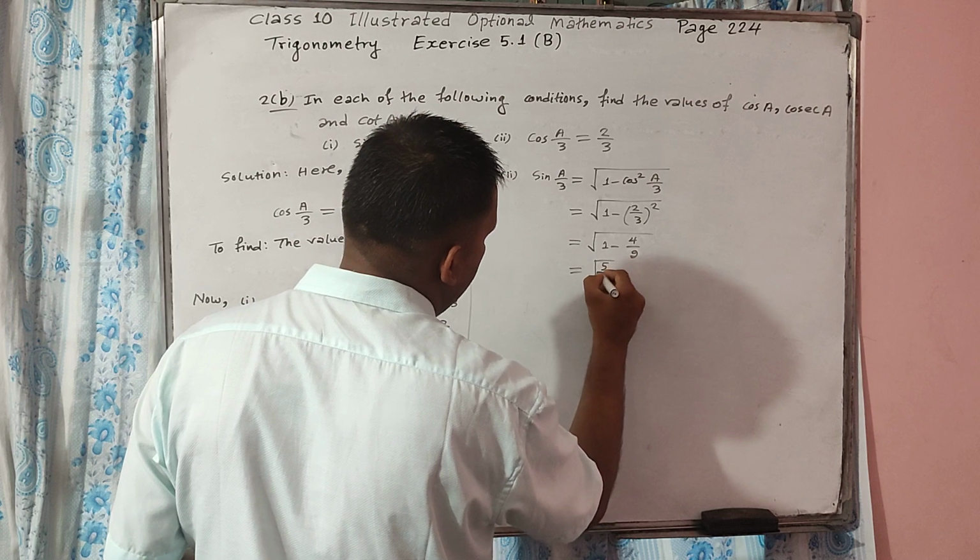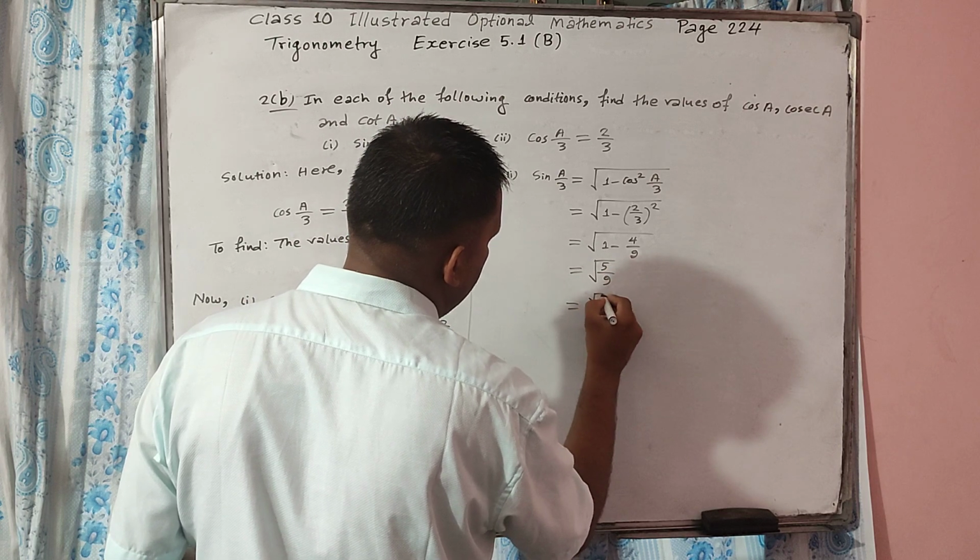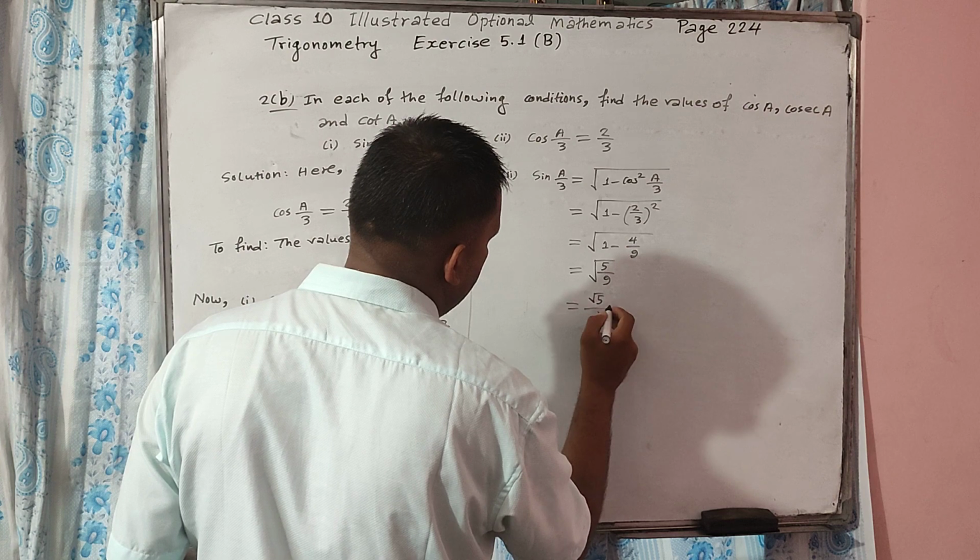Square root of 5 by 9 equal to root 5 upon 3.